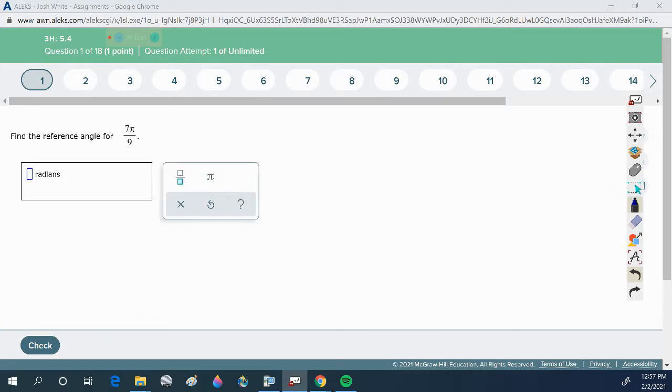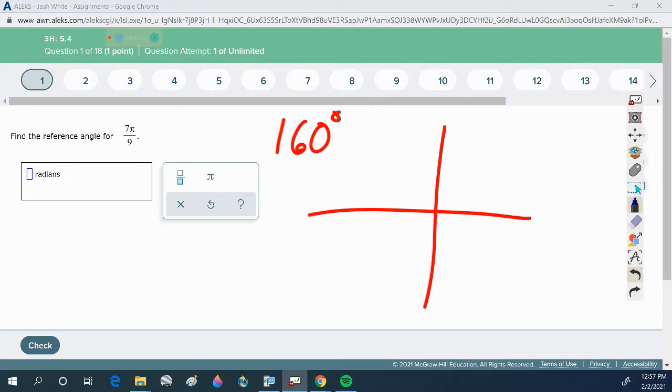Okay, so what about a 160 degree angle? It's in quadrant 2, so right there. The reference angle would be this one. How big would that angle be? 20 degrees. It's the angle between the terminal side and the x-axis.